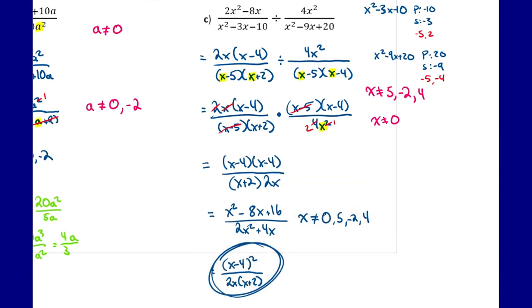Even though we expanded it, I would say this is the more simplified form. And if you want to get technical, you could state the restrictions should go from lowest to highest. So for the sake of consistency, we have -2, 0, 4, and 5.